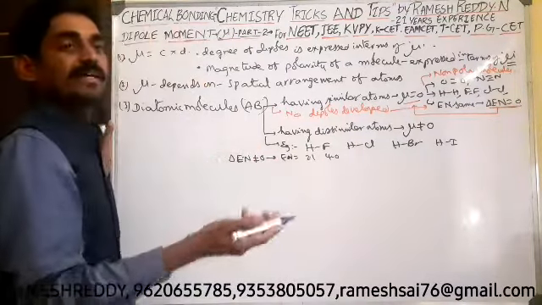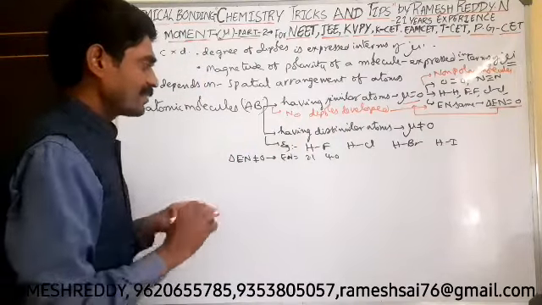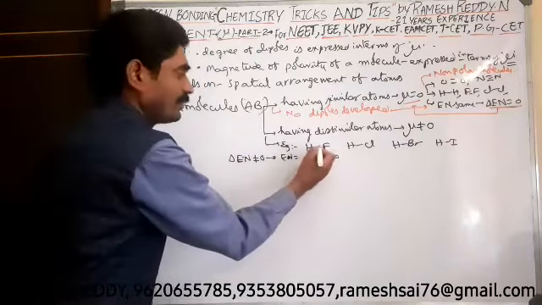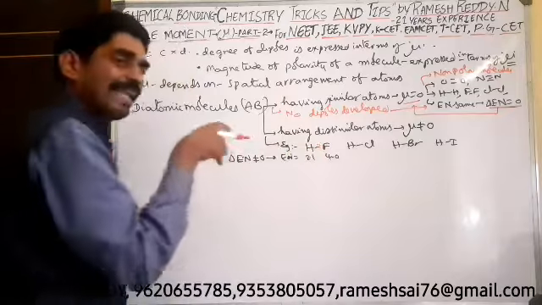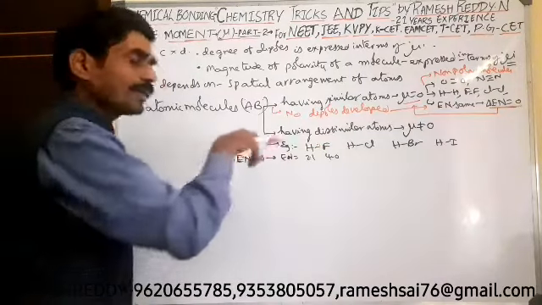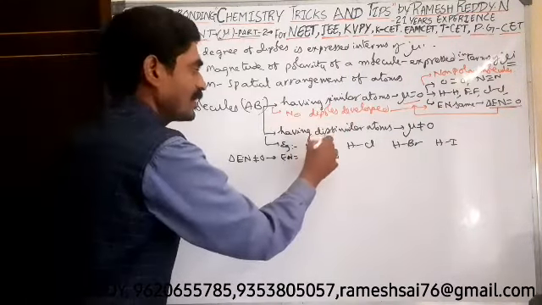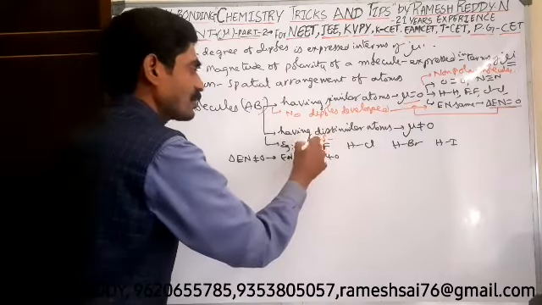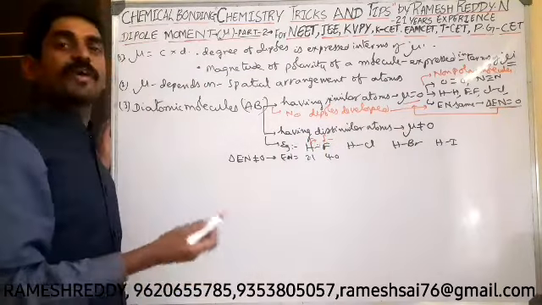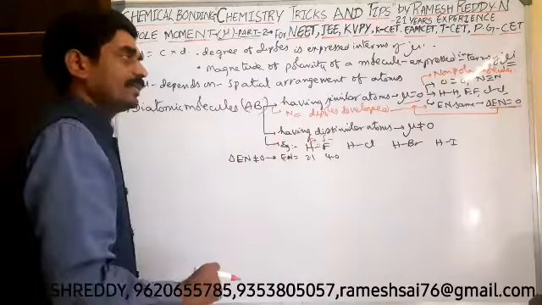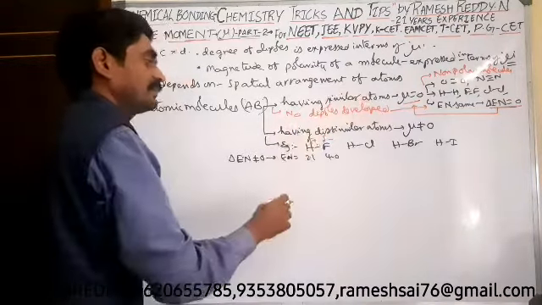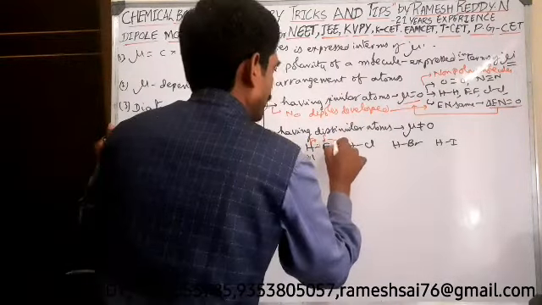dipole moment is there. In this case, fluorine is more electronegative. That's why the electron pair moves more towards fluorine. It develops a partial negative charge over fluorine, and hydrogen develops a partial positive charge. Two poles are developed, so dipoles are developed here.